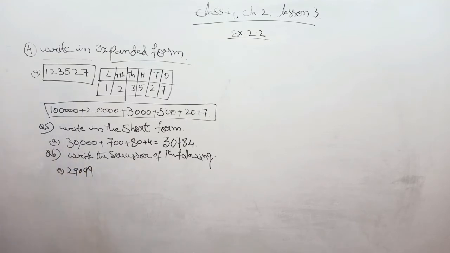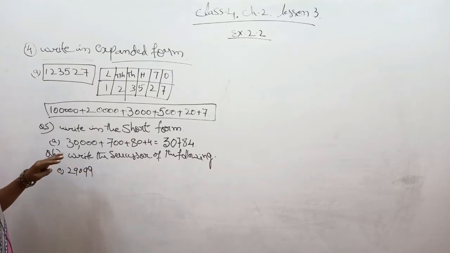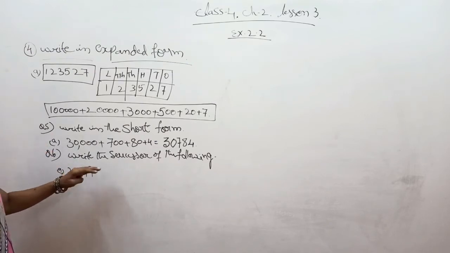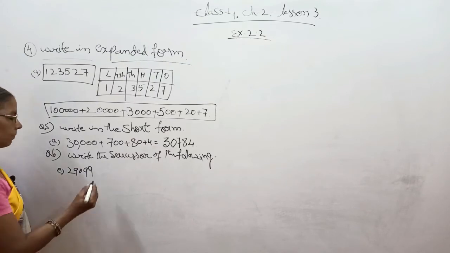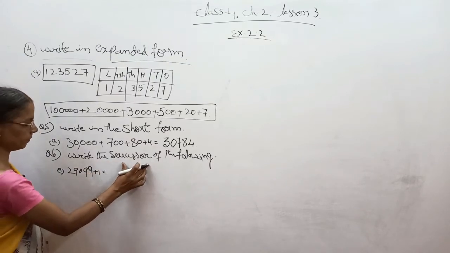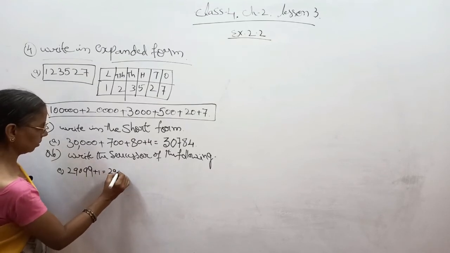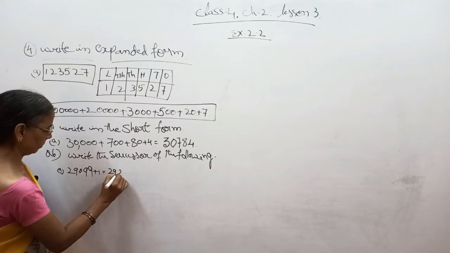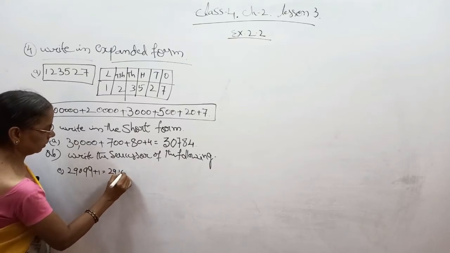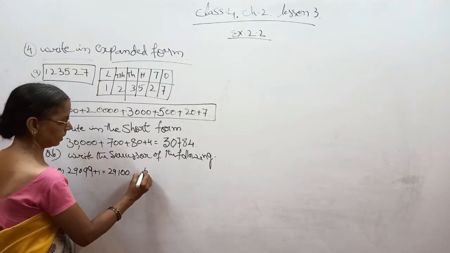As I told in the earlier classes, to make the given number a successor number, we simply have to add 1. Then we get the successor number, which is 29,100.